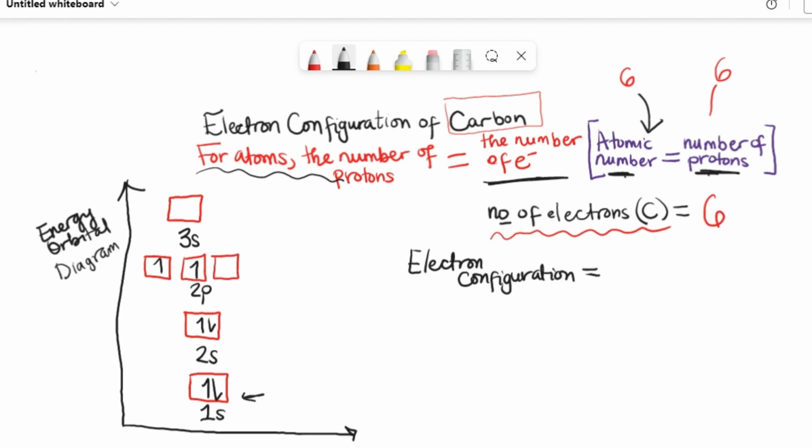One thing you need to know is that whenever you're dealing with electron configuration questions, you always have to fill each one of the orbitals first, because electrons are negatively charged and you cannot put 2 electrons too close to each other. Hence, we cannot put them in the same orbital, because like charges repel each other.